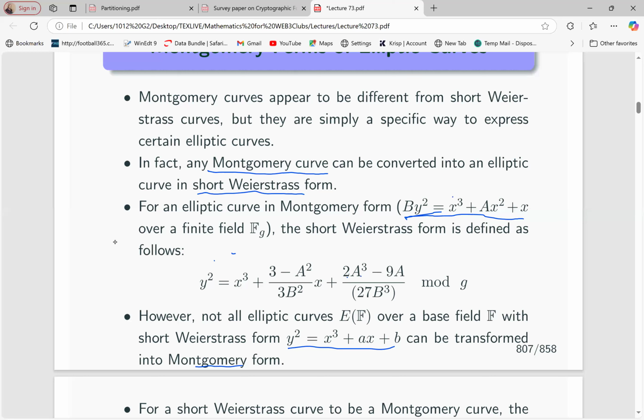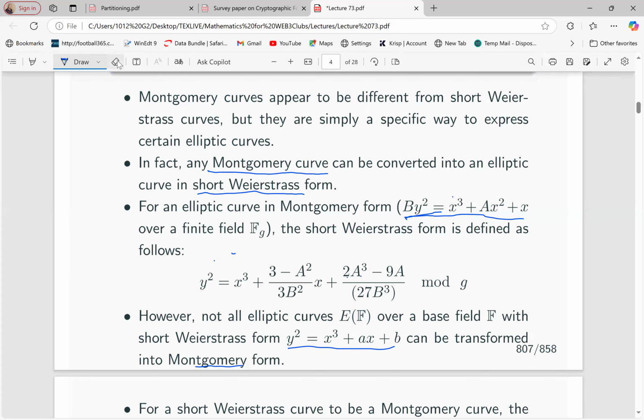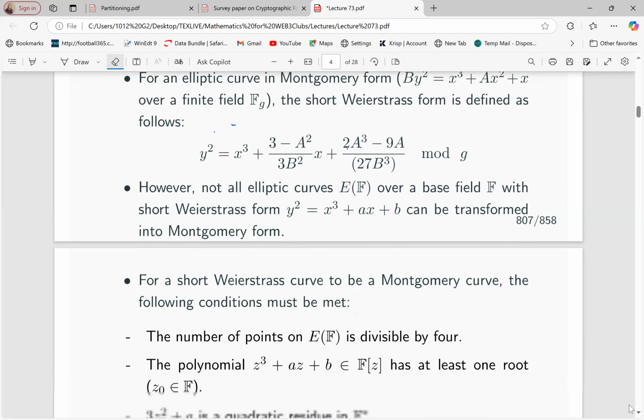The other way around is not always true. For the short Weierstrass to be converted to Montgomery, it has to fulfill some conditions. Only those which fulfill those conditions can be converted.